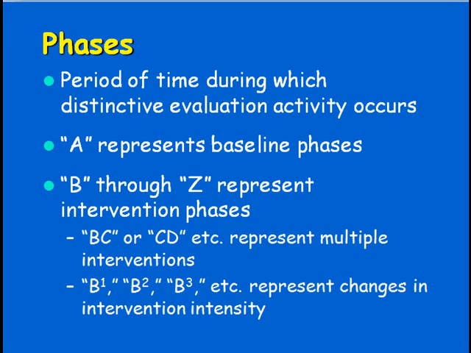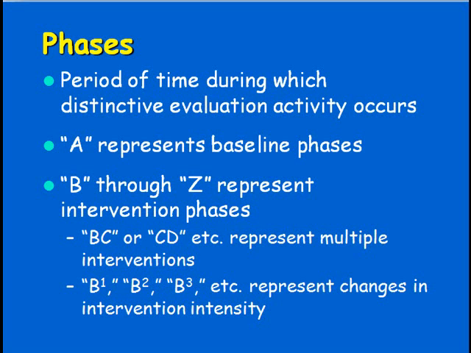It's not always an increase either. It's just a change in intensity. So you could have a situation where you're decreasing, like for example, dosage in medication, and you wanted to see if that affected the level of a person's depression.